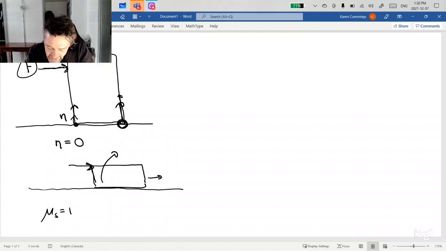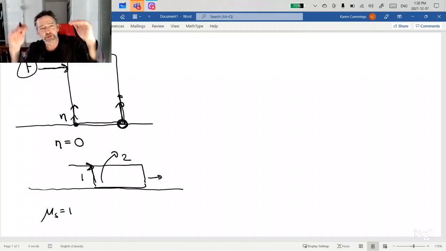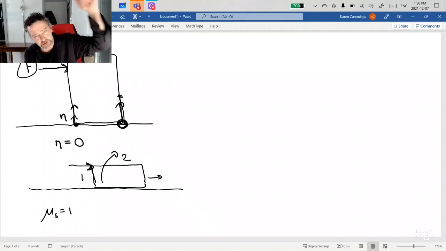And the answer is, it has to be twice as wide as it is high. So it's a pretty low squat fridge. It just tells you that typically fridges will tip before they slip.